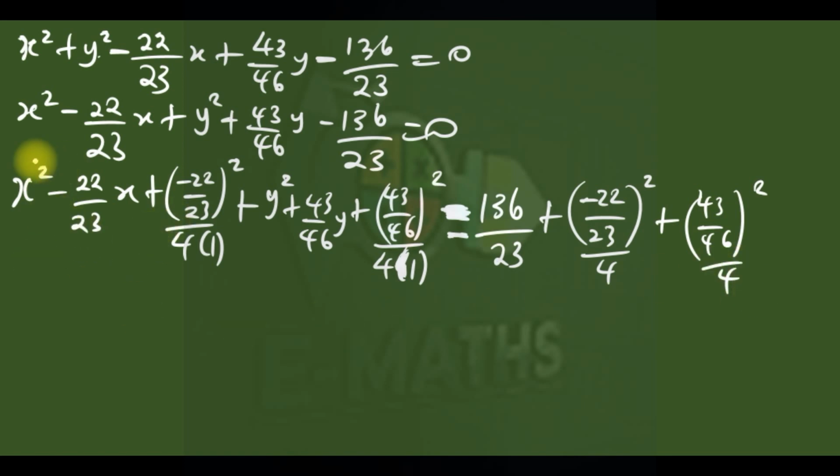So we are now left with the square root of x squared, which is x. The square root of this is minus 22 over 23 over 2 times that, which is 46, all squared.